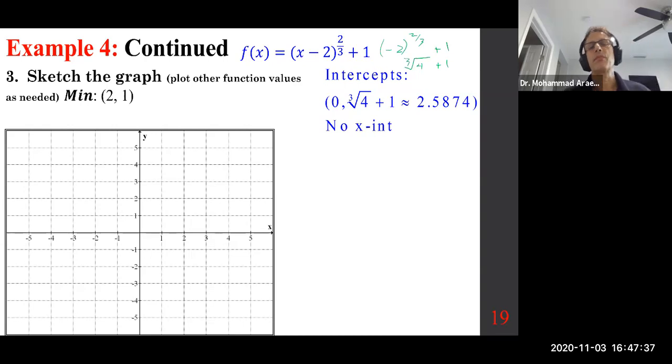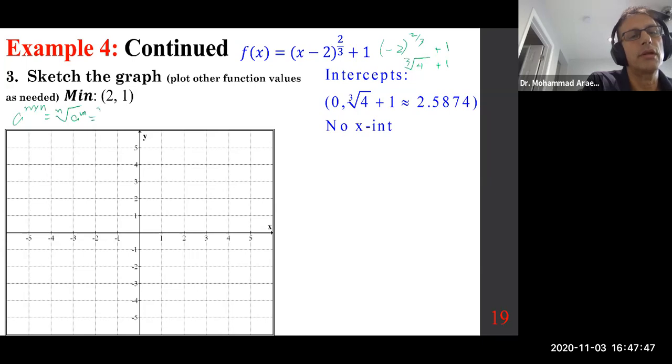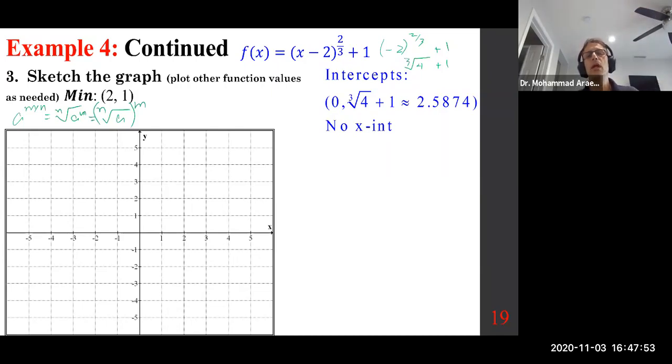Again, I put this here: a to the power of m over n is the nth root of a to the power of m, equals the nth root of a, to the power of m. There are different ways of writing.